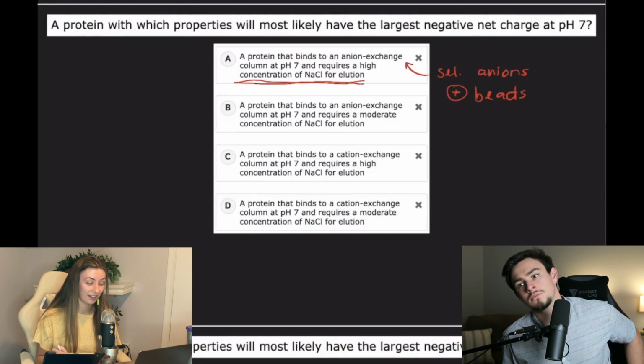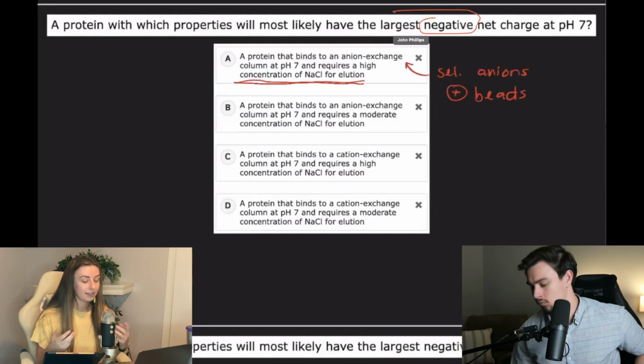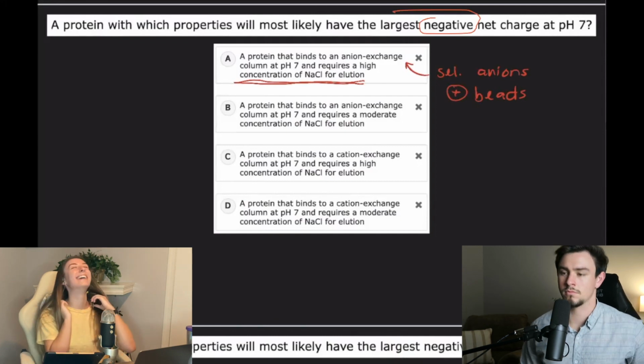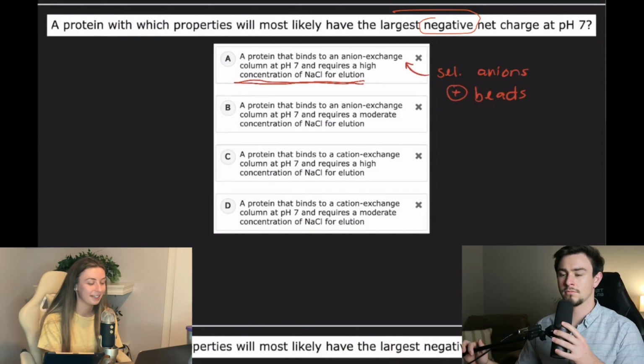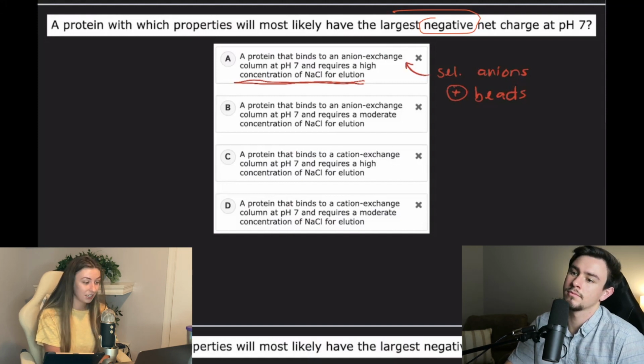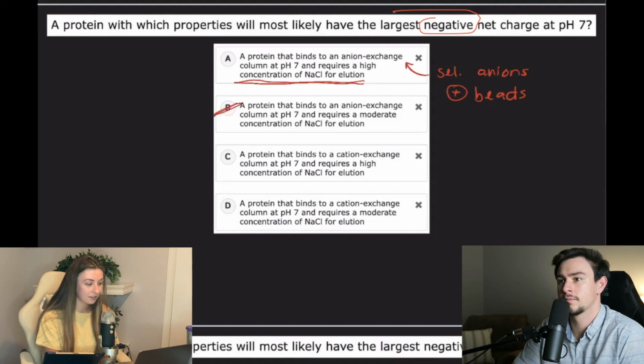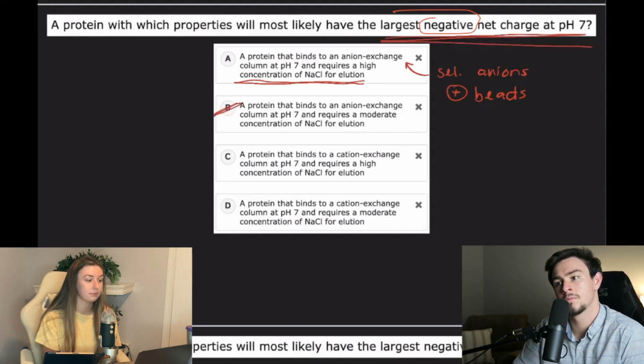B says a protein that binds to an anion exchange column at pH 7 and requires a moderate concentration of NaCl for elution. Okay, so it's basically the same thing as A, except not as strong of a negative charge. So I don't like that. I'm looking for the largest net negative charge.